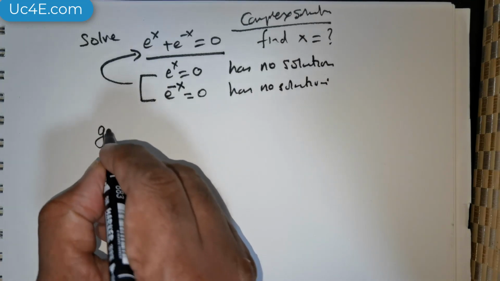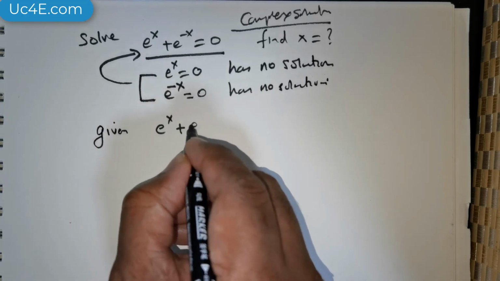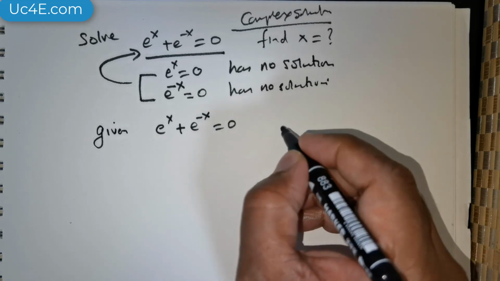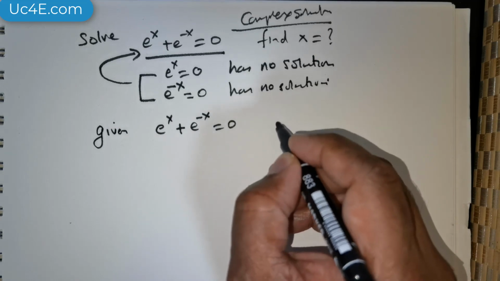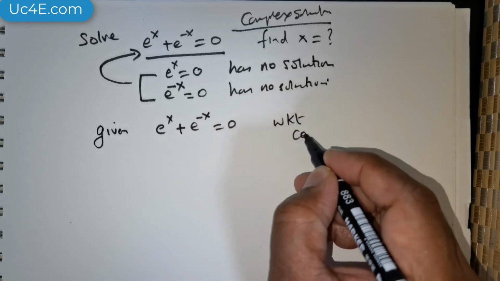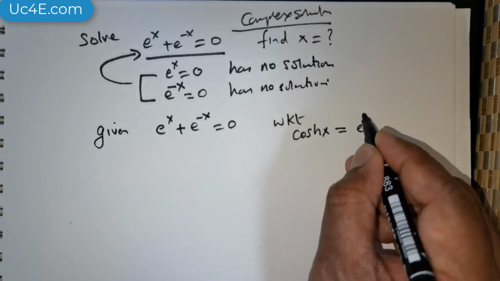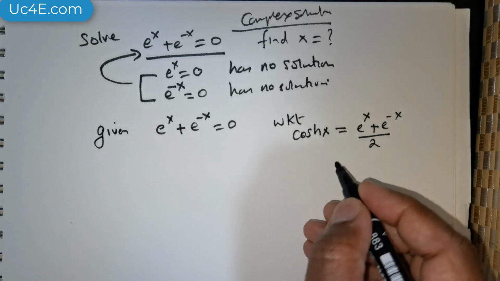So first, I would like to consider e raised to the power of x plus e raised to the power of negative x is equal to 0. Now from the definition of hyperbolic cosine, we know the following formula. Let me write that down. We know that cosh x is equal to e raised to the power of x plus e raised to the power of negative x, divided by 2.